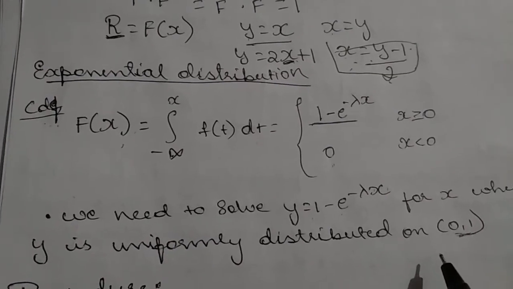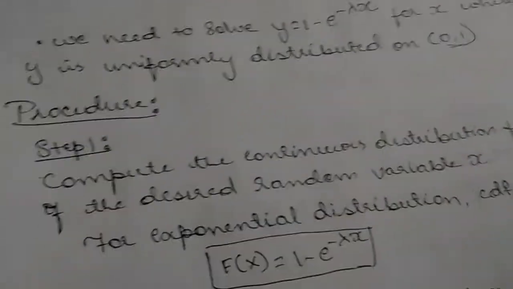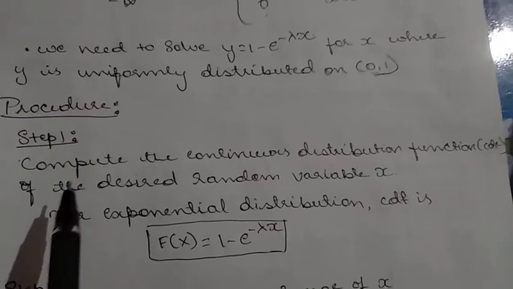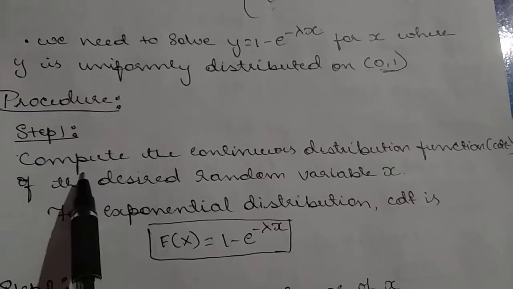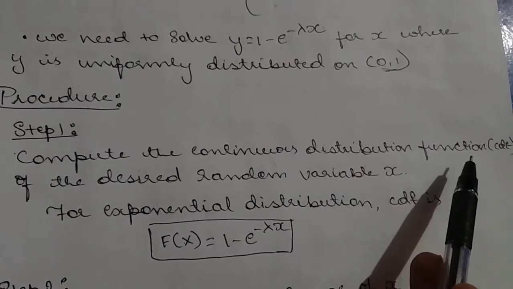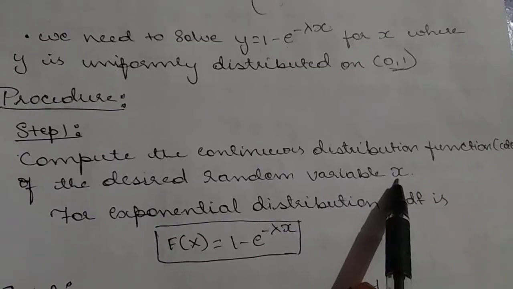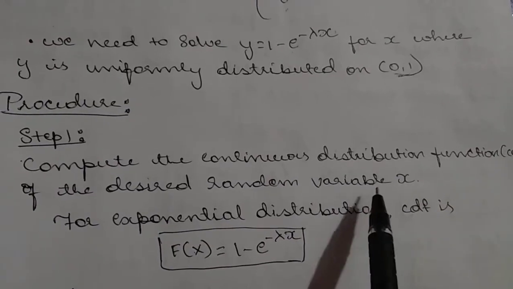Let me see what the procedure is to solve this exponential distribution. The very first step: you have to compute the CDF of the desired random variable x. Here also a random number will be given, and for the random variable you are solving this.